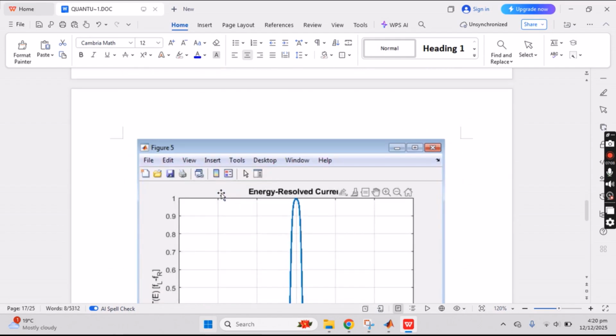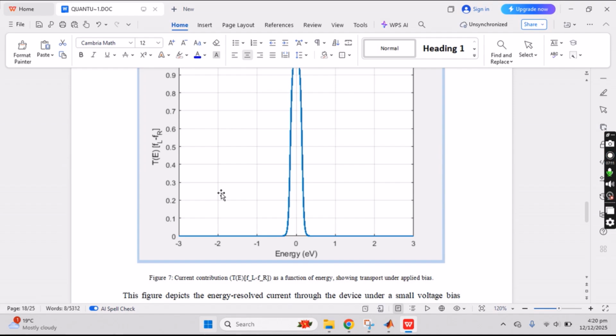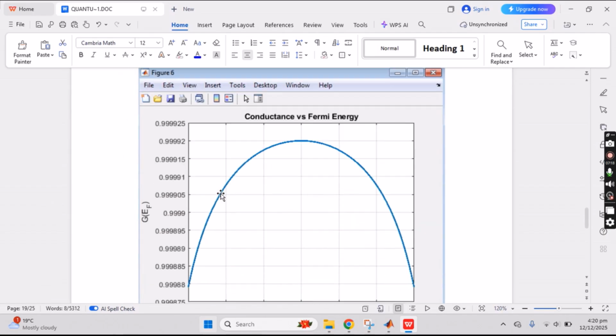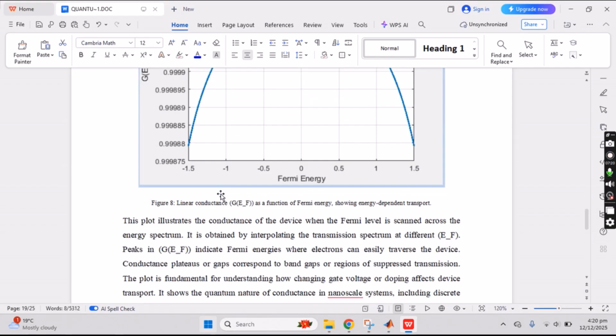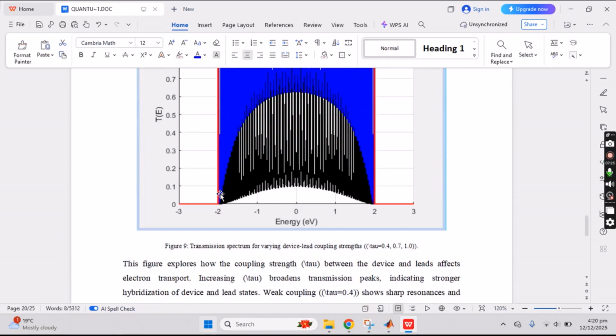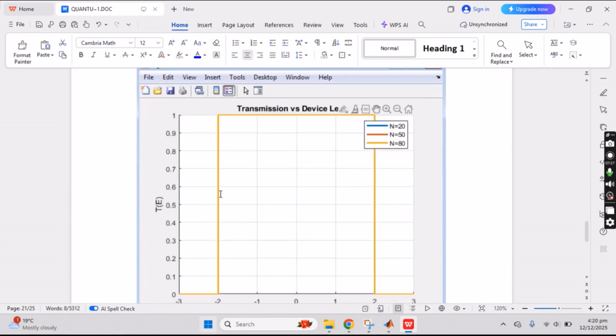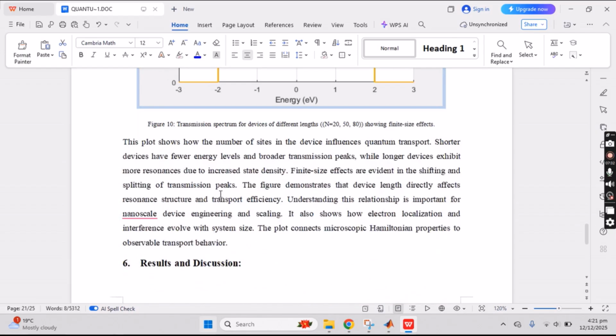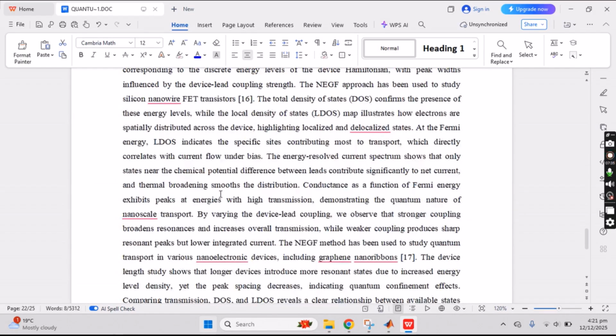Here is the energy-resolved current distribution, showing the contribution as a function of energy under the applied bias, and next is the conductance versus Fermi energy graph. Here is the transmission for different couplings, and the transmission spectrum for devices of different lengths.